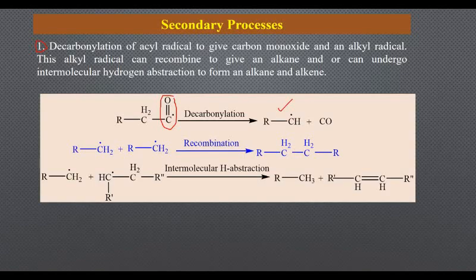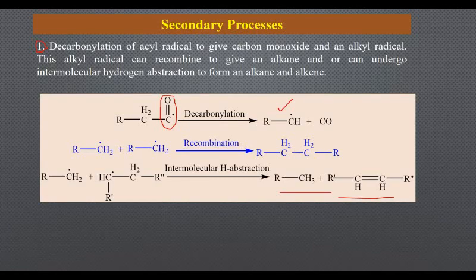These alkyl radicals can give a recombination reaction to produce alkanes, or there is the possibility of intermolecular hydrogen abstraction to produce alkene and alkane.